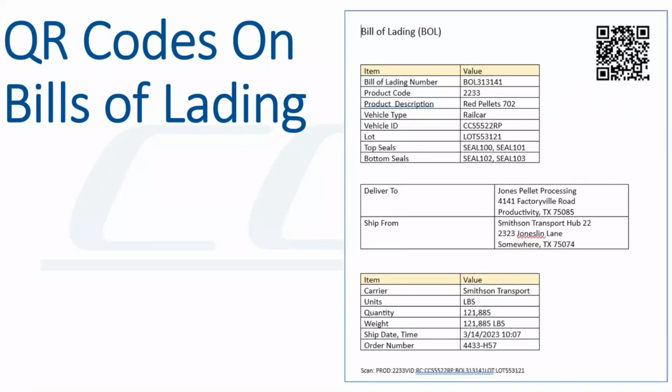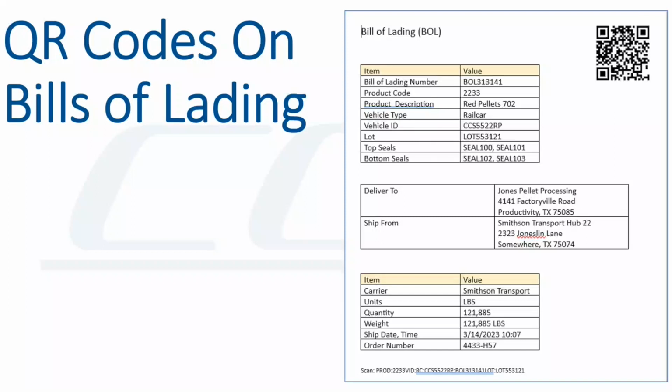So if we put QR codes on the bill of lading, then we have human-readable text and scanner-readable information. The QR code would be added by the supplier. On this example, we have encoded 4 pieces of data into the QR code. 1 is the bill of lading number, 2 is the product code, 3 is the vehicle ID, and 4 is the lot.